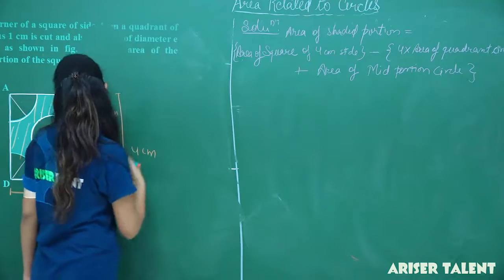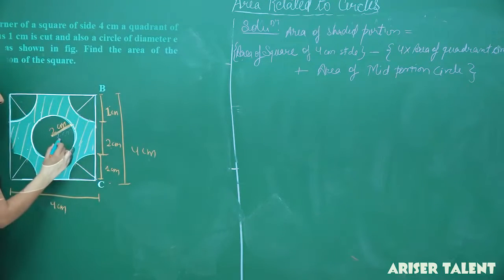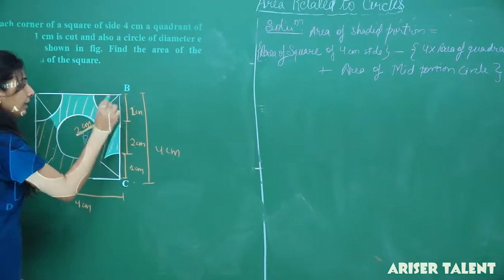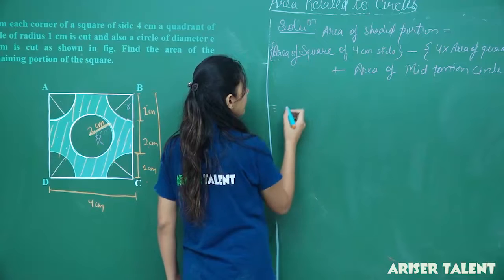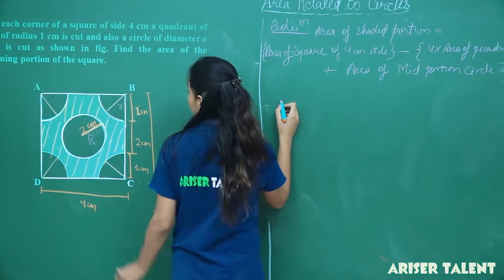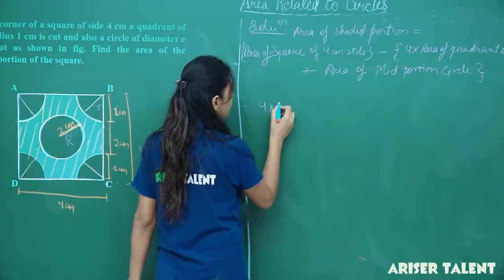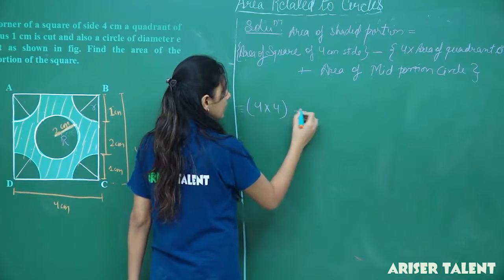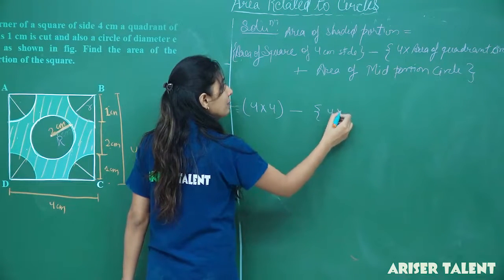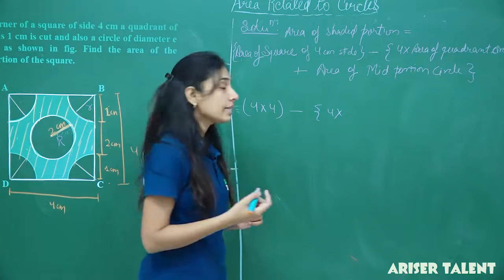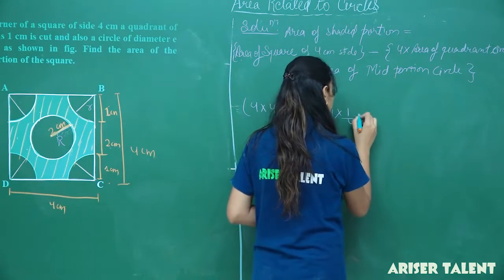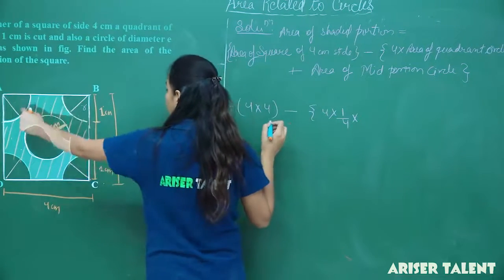Here you are provided with this R and R. So, I can write here, area of square equals 4 multiplied by 4. Now, 4 multiplied by the area of a quadrant circle. What is a quadrant circle's area? 1 by 4, and why is 4 multiplied? Because we have 4 quadrants.